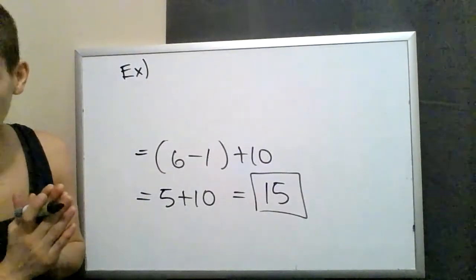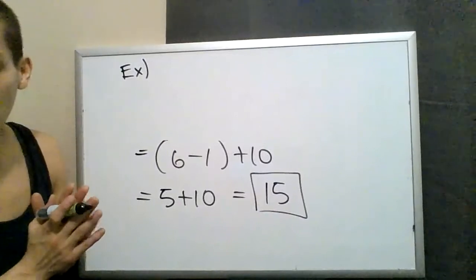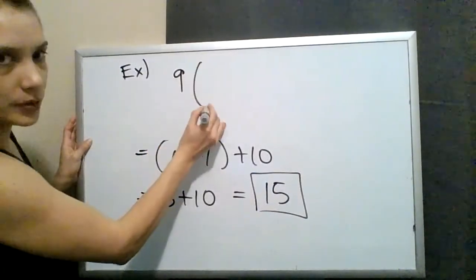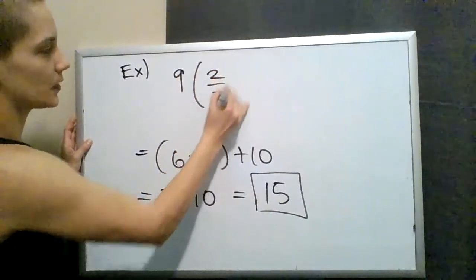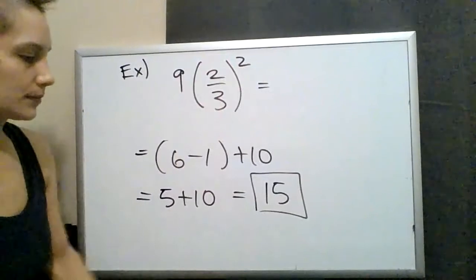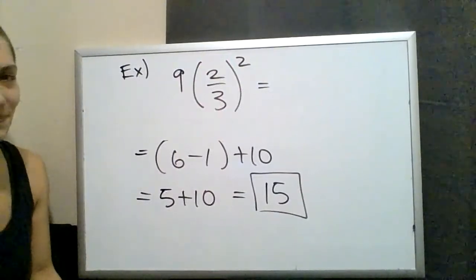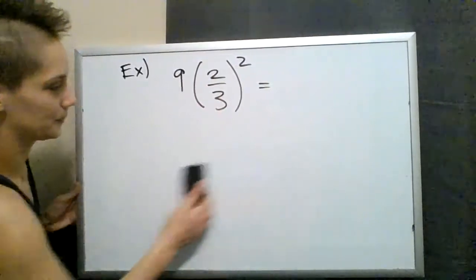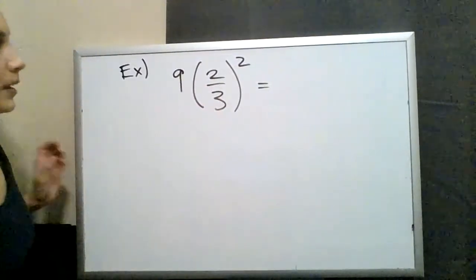So we're going to multiply 9 with 2/3 squared.